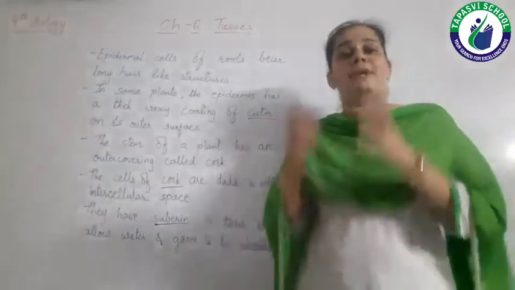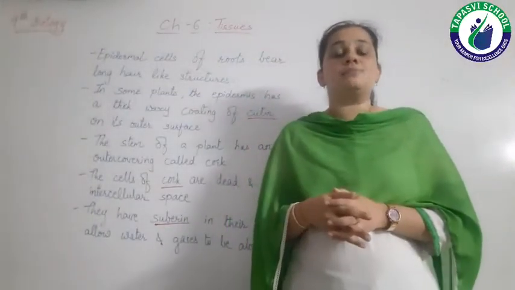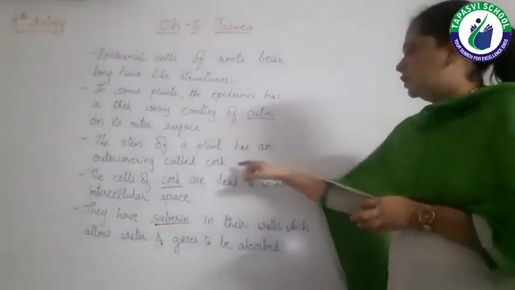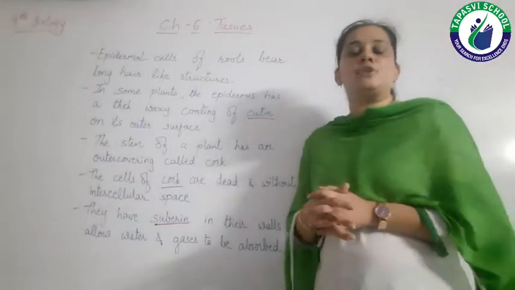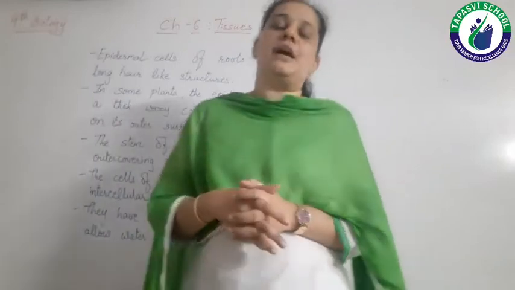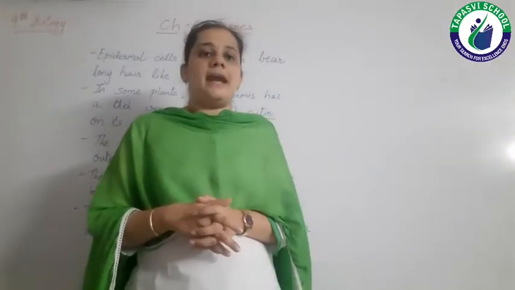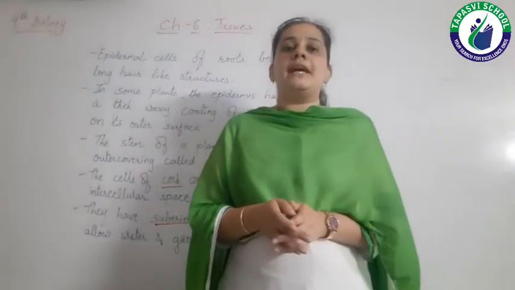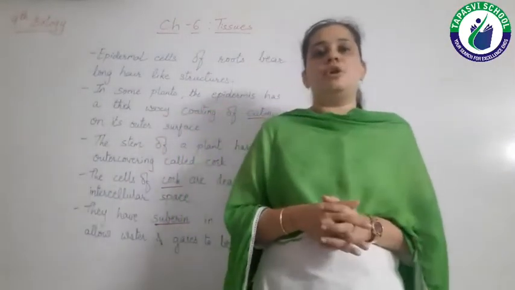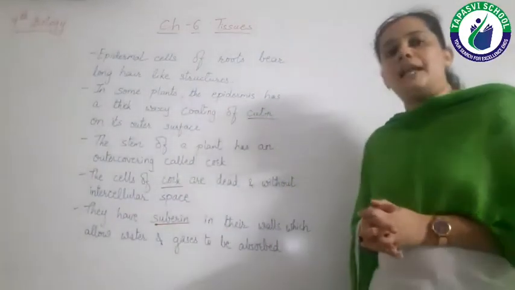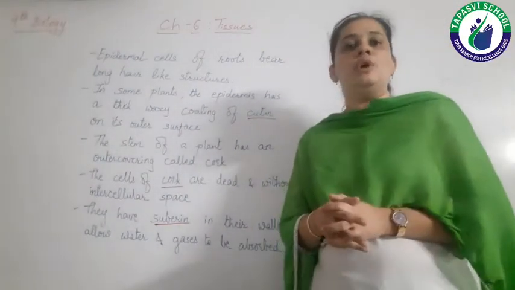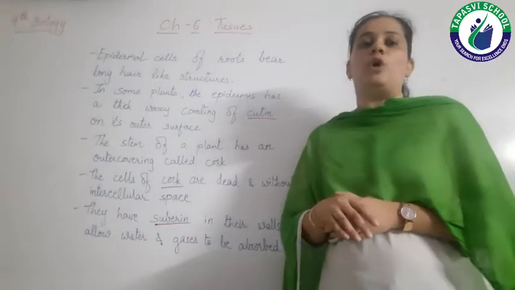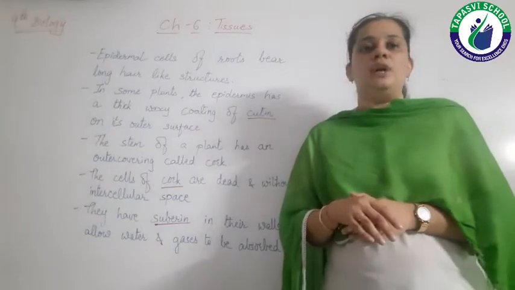So the epidermal layer of the stem is made up of cork cells, which are dead and without intercellular space, and suberin on their surface allows water and gases to pass through them.